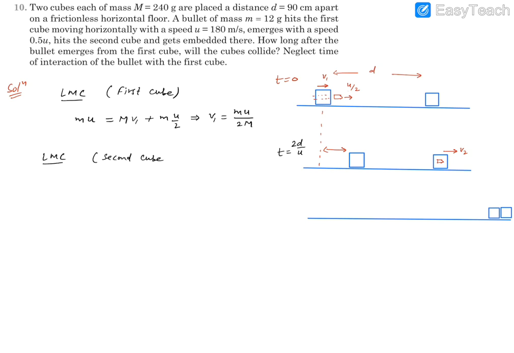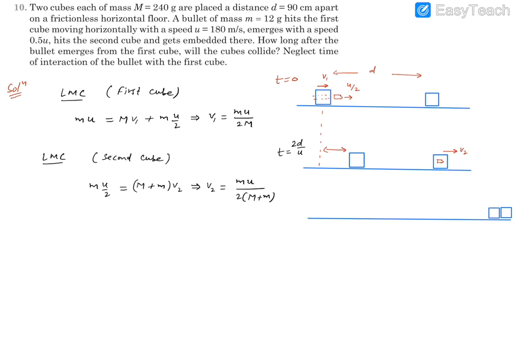The bullet that was entering had momentum mu by 2. Then they combine together, so it becomes M plus m times v2. From here we can find v2, the velocity with which this combined system goes. It is small mu divided by 2 times capital M plus small m.